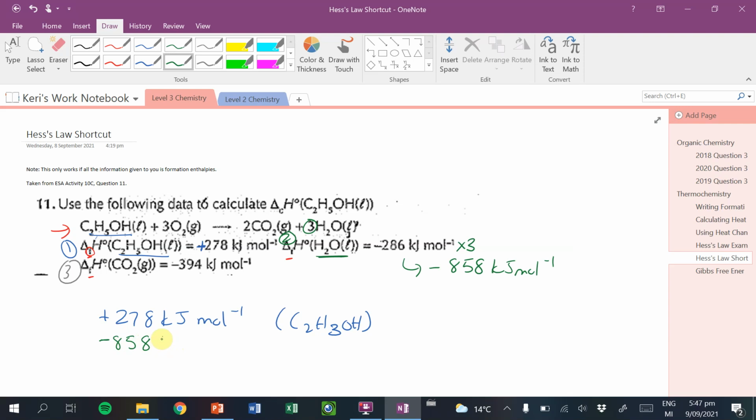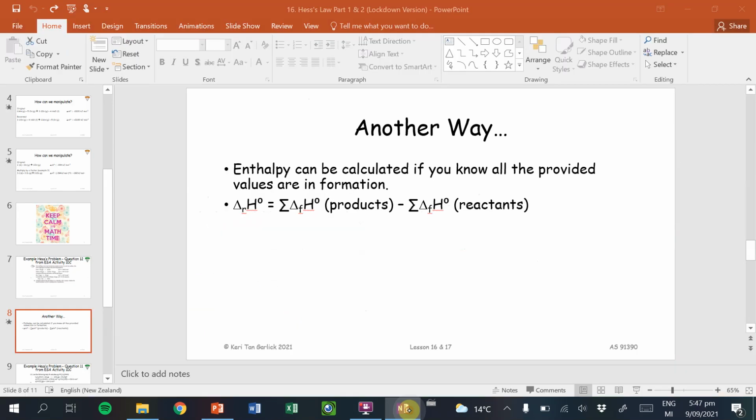It's basically, like I said, a time saver because now you don't need to write out all these equations. You don't need to double check to see how the equations are being manipulated. You can just do the shortcut using their enthalpies. All right, last one is the formation of carbon dioxide. Again, I can see in my equation that carbon dioxide is a product. The formation of carbon dioxide would also be the product. So no change to the sign. I do, however, see there's a 2 in front of the carbon dioxide, so I do need to multiply that by 2.